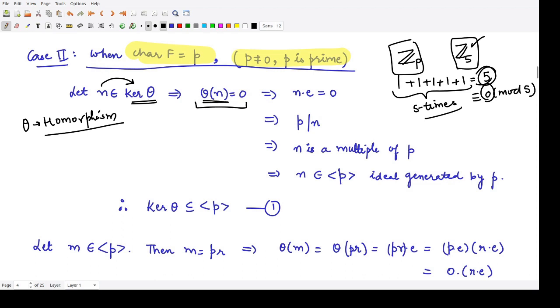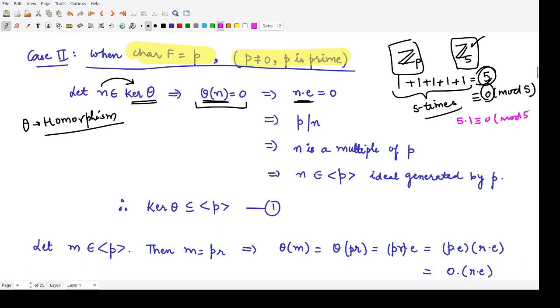And what is θ(n)? θ is defined to be n·e, so this is equal to 0. Now from here we cannot conclude n is equal to 0. Why? Because the characteristic here is P and not equal to 0. So in this particular example we can write this to be 5·1 is equal to 0 mod 5.